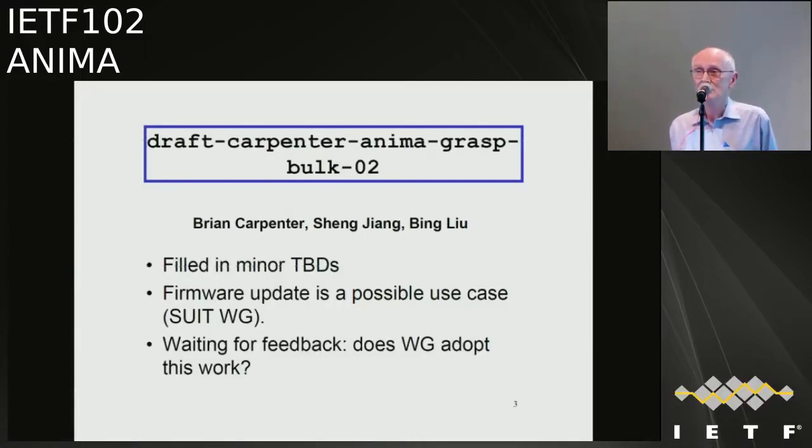If you want to do your software updates very, very quickly, this wouldn't be the way. But if you're just trickling them through in the background, which seems to be the favorite method from many vendors, then GRASP would be a fine tool. And again, we're waiting for feedback, and we will put the adoption question at some point. So that's really all I had to say.